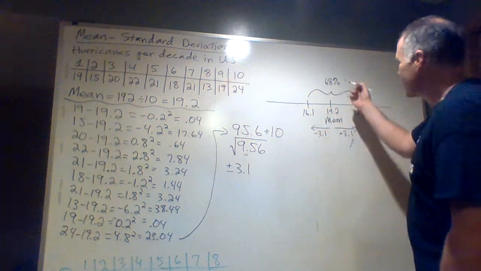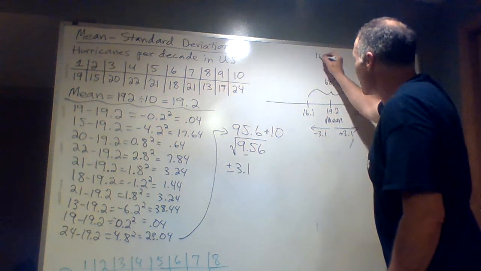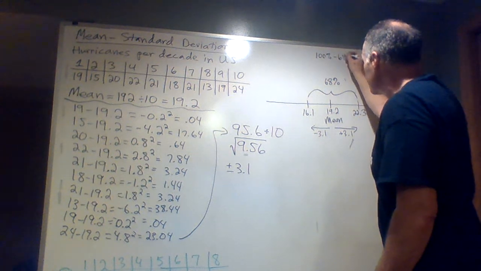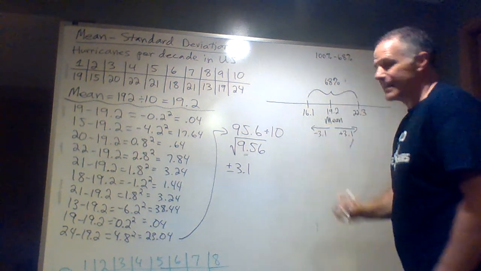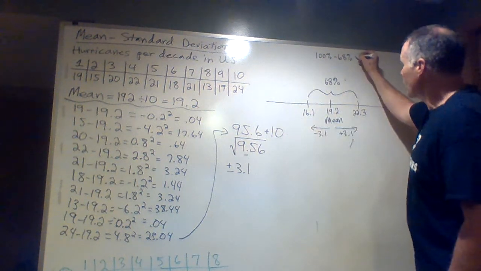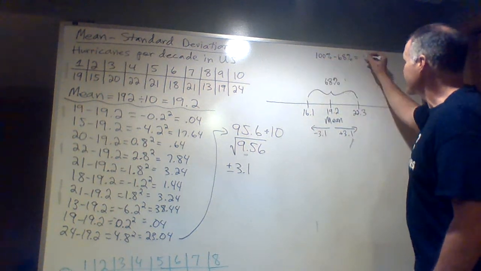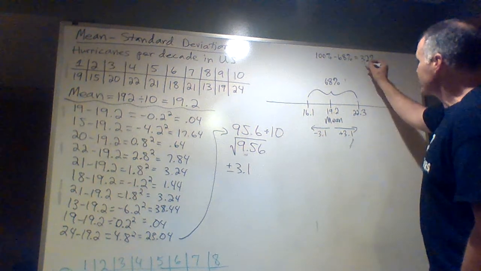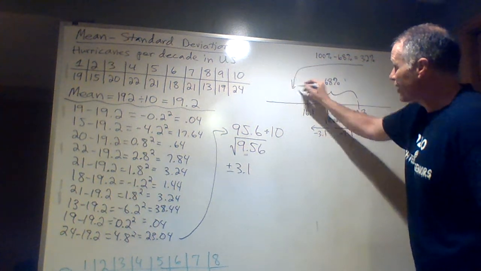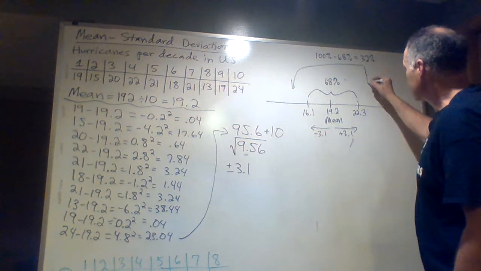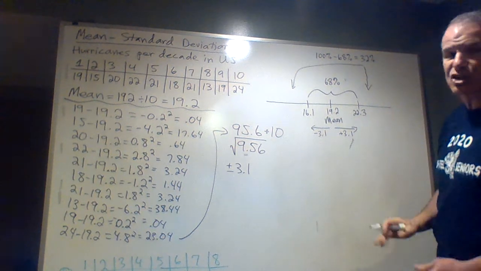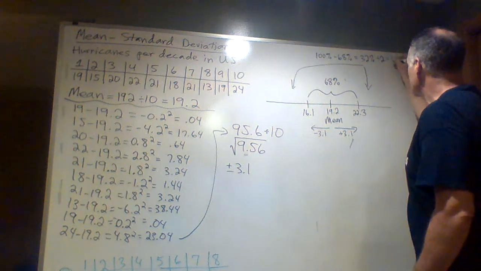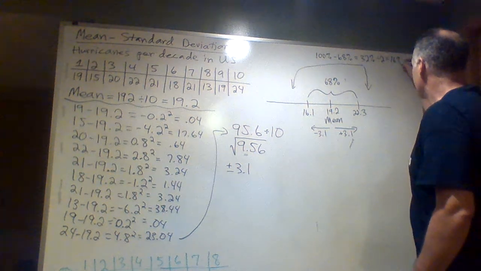Now here's the thing. We know the whole thing is 100%, so if 68% is in that middle section, what's left over? 100 minus 68 is 32%. We have to divide that 32% into two pieces, one on each side, so 32% divided by 2 is 16%.